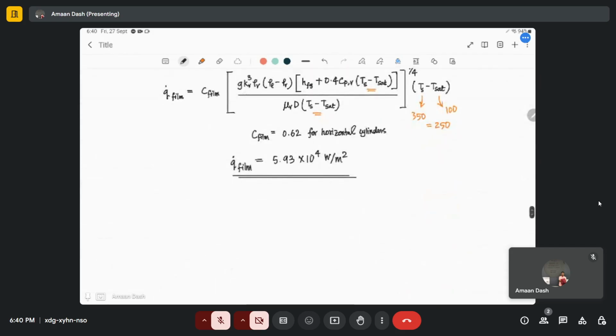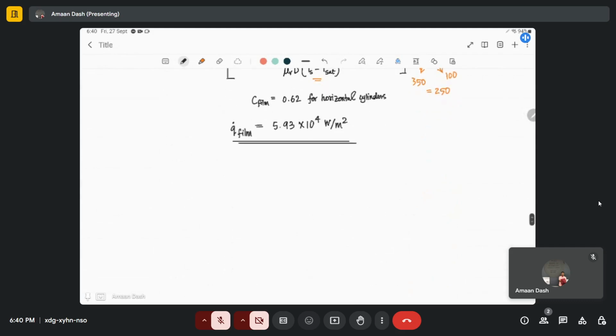And therefore, we can just find out the total heat flux, that is Q dot of total is equal to Q dot of film plus 3 by 4 times Q dot of radiation.